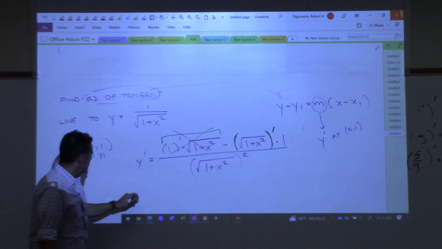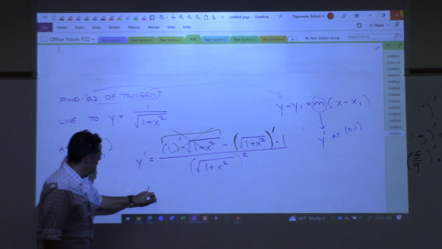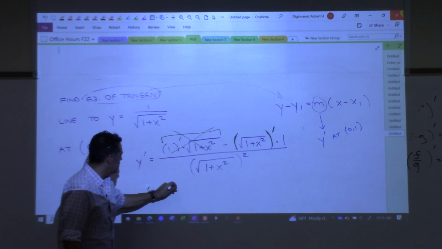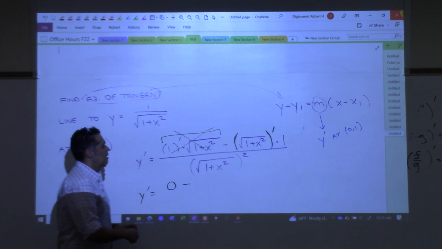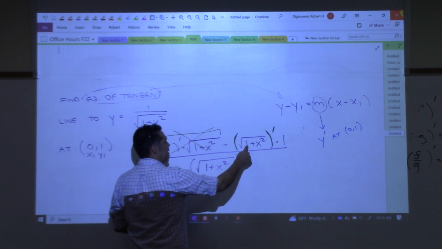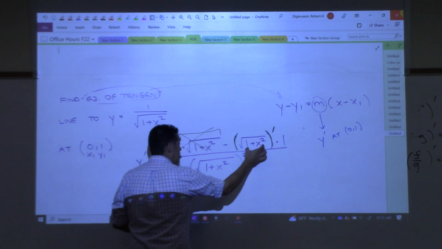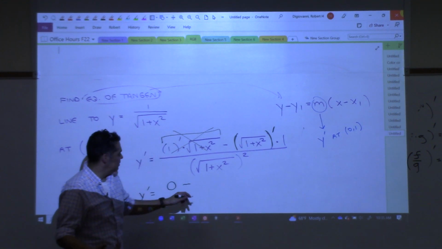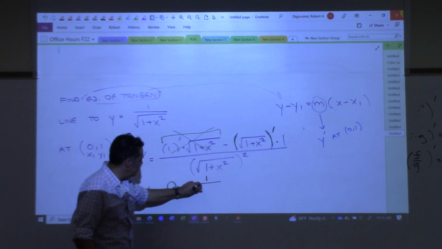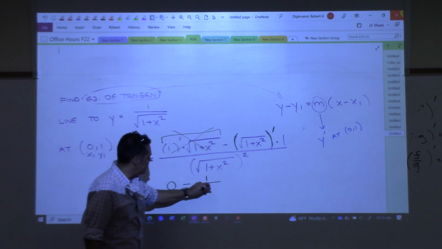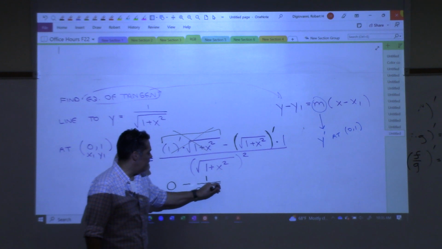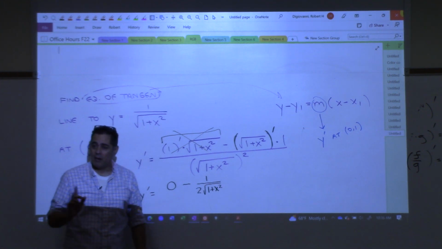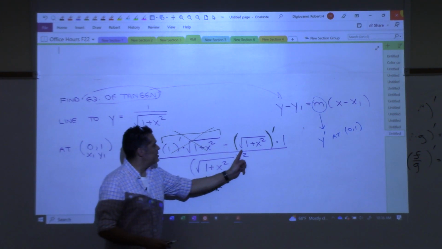All right, so I continue. Actually, I'm going to write the 0 so we don't mess it up. 0 minus, what is the derivative of the square root of something? 1 over 2 square roots of that something, and the something for us is 1 plus x squared. We're not done, that's just the derivative of the square root.